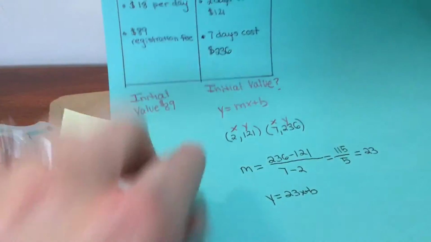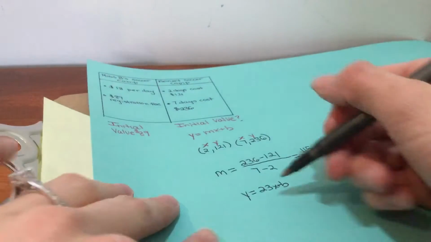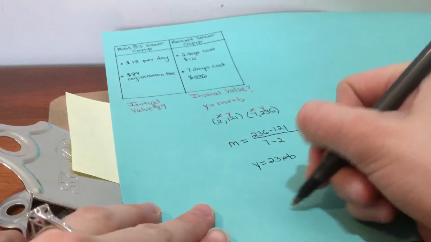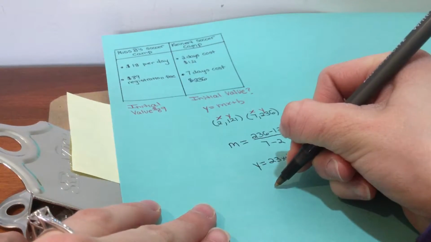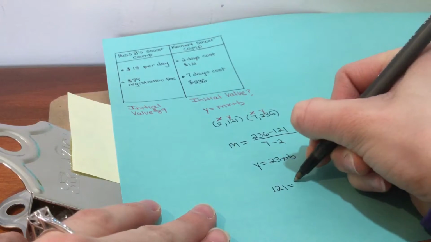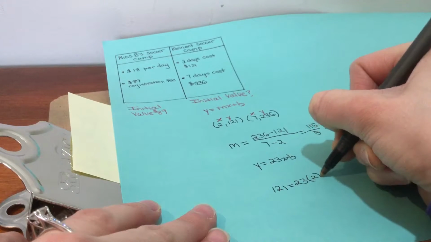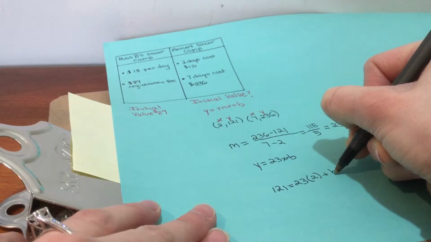So I'm going to go ahead and do the 2 and the 121 because they're the smaller numbers, and I am going to do y is 121 equals 23 times my x value of 2 plus b.